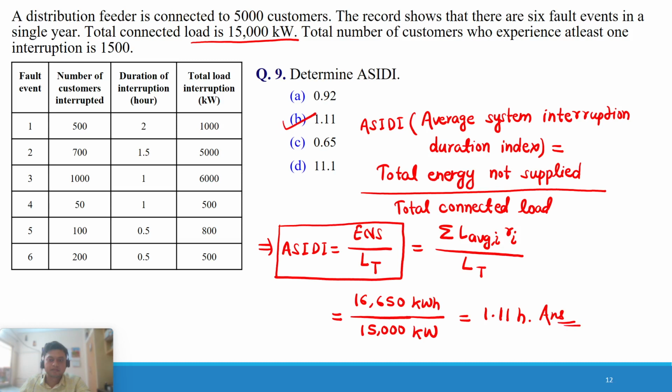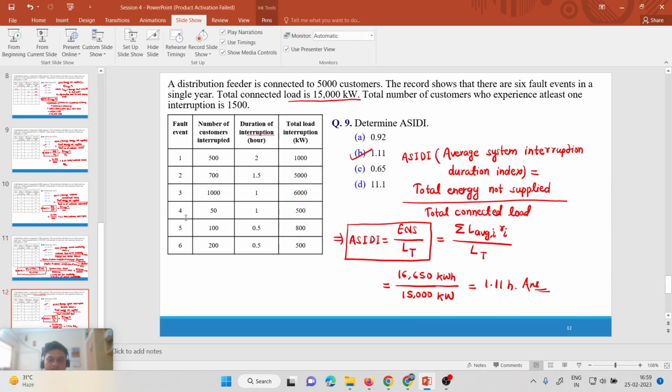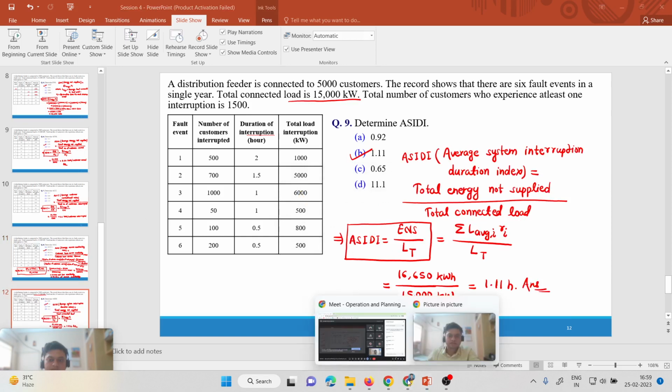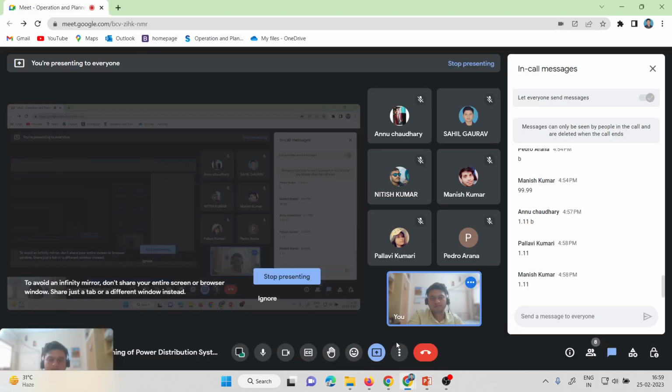ASIDI is the ratio of total energy not supplied to the total connected load. It's correct, 1.11.